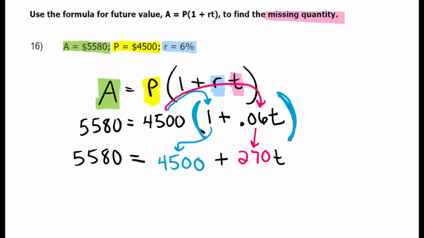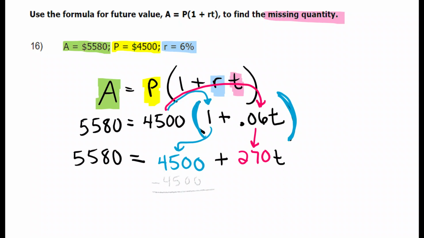And then you still have this 5580 over here. And at this point, the parentheses are gone, but you need to solve for the T. The T is being multiplied onto a 270, and it also has this 4,500 being added to it.